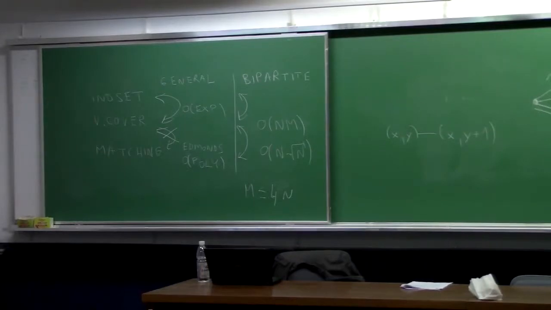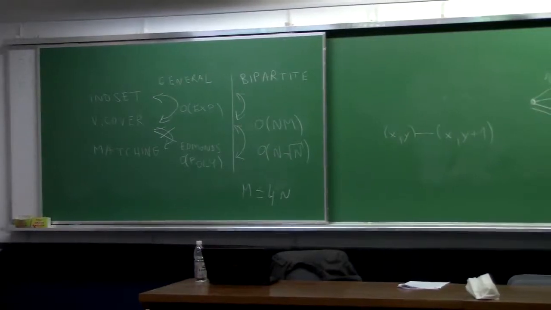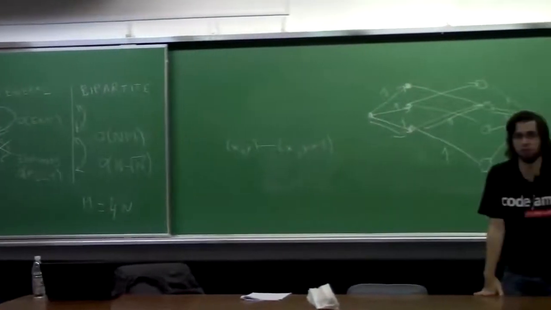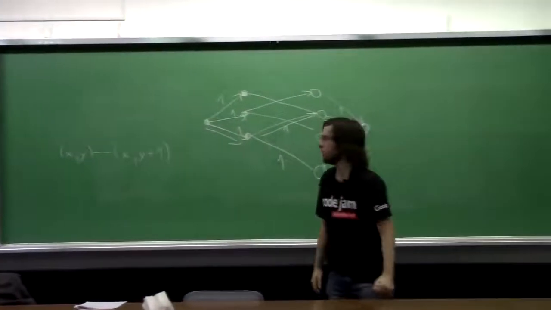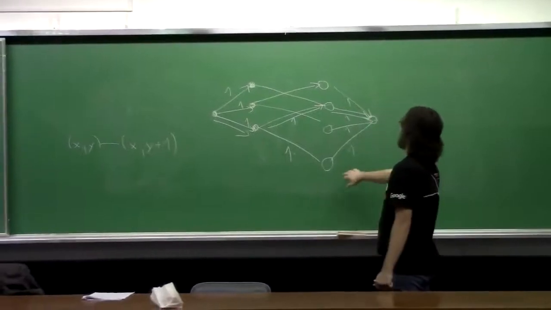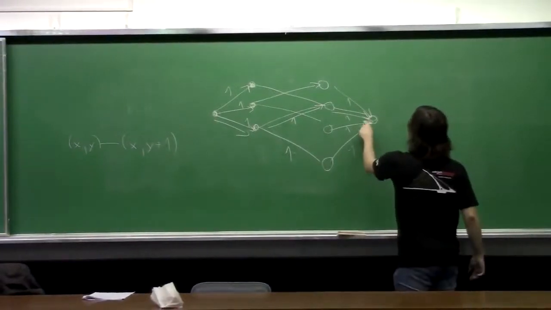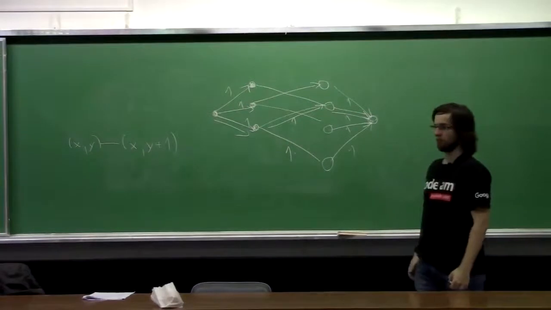This unit of flow goes through one edge, and since the edges are directed, each black vertex has capacity of incoming edges equal to 1, and each white vertex has capacity of outgoing edges equal to 1 also.